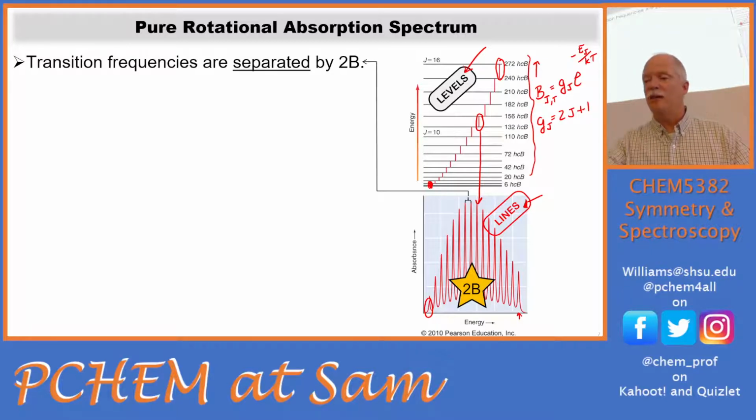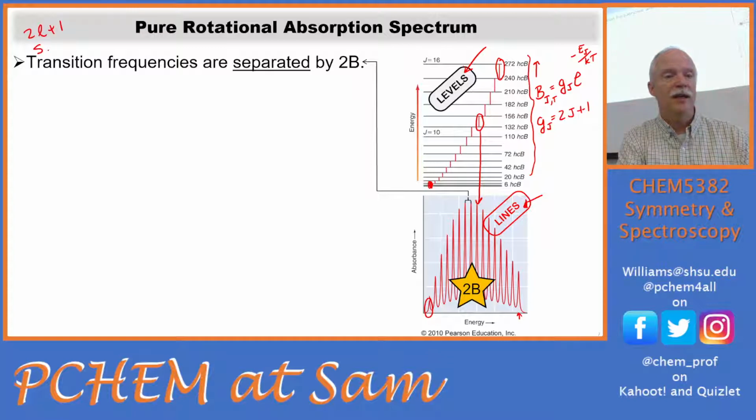And so it goes up as 2L plus 1. So the s orbital, 2L plus 1, the s orbital has an L of 0. And so 2 times 0 plus 1 is equal to 1.